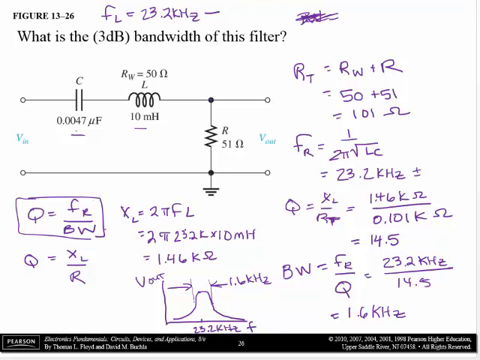So this is total bandwidth. So it's minus 1.6 kHz divided by 2, right? And then the high frequency cutoff point will be 23.2 kHz plus 1.6 kHz divided by 2, because the bandwidth is 1.6 kHz. Okay.